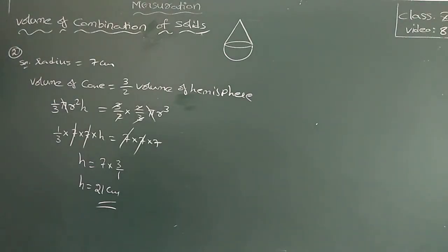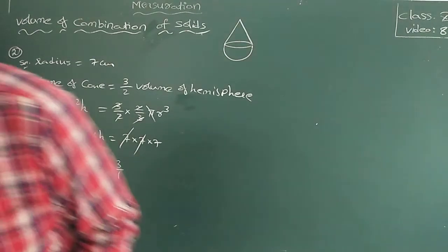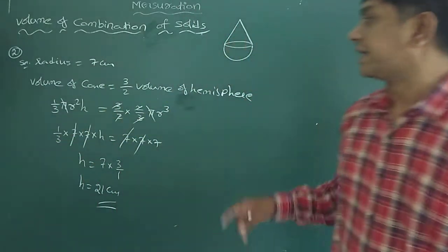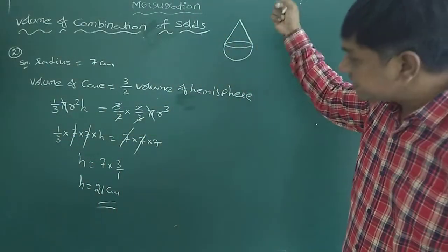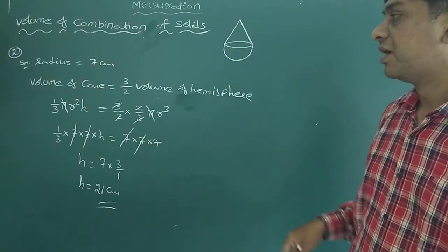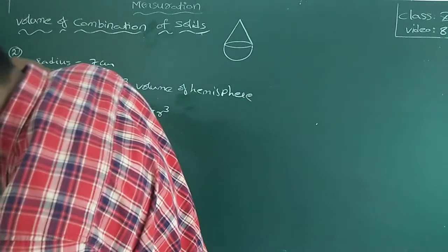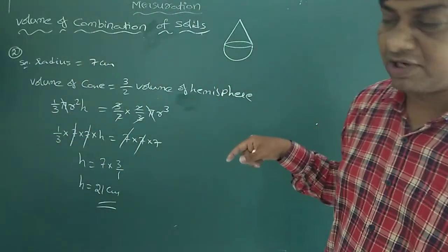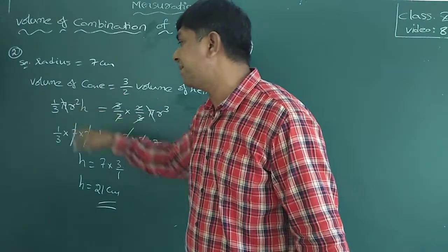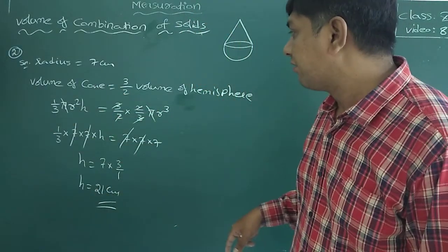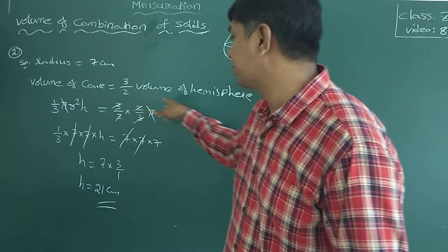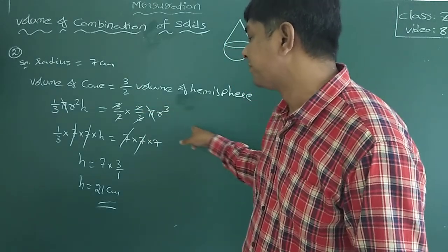Understood? The radius of the cone is equal to 7 centimeters, which is nothing but the radius of the hemisphere also. Volume of a cone is equal to 3 by 2 of the volume of the hemisphere. Volume of the cone is 1 by 3 pi r square h, equal to 3 by 2 into the volume of the hemisphere, 2 by 3 pi r cube.